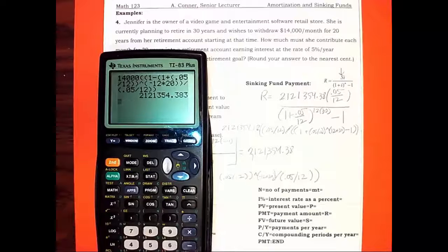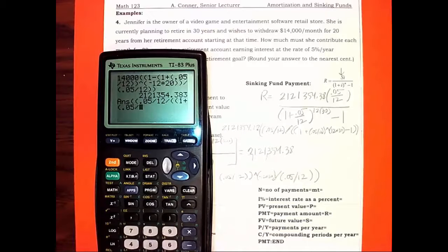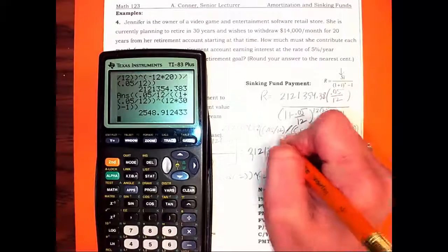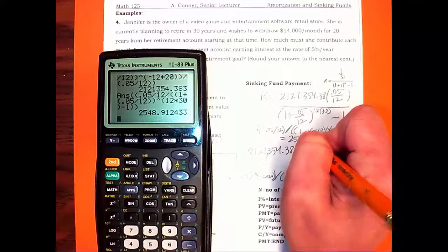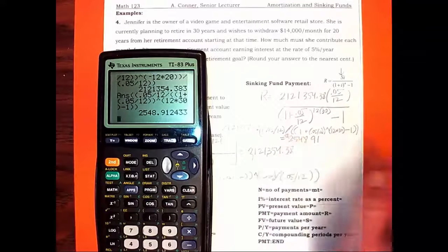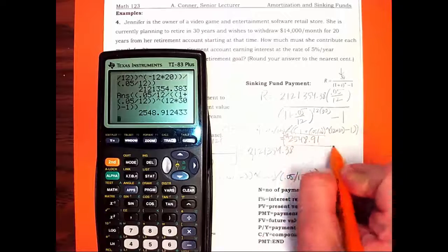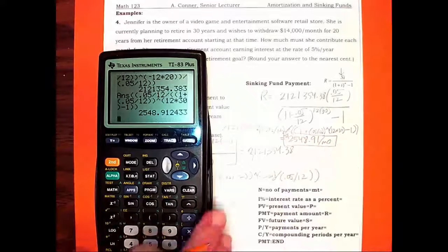So let's just go second minus sign, the negative sign, to get the answer up there that we just had in, and then let's do parenthesis, and start with this right here. All right, so this is equal to 2548.91. She's going to have to save a lot of money per month to have that on retirement for 30 whole years.